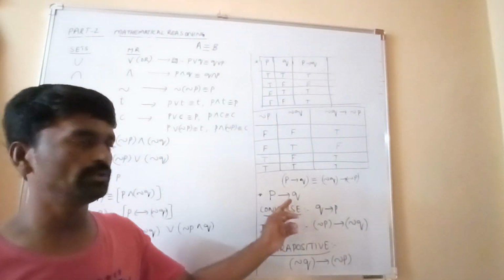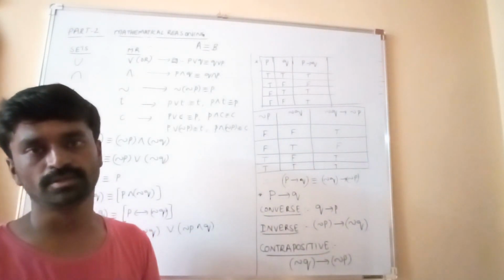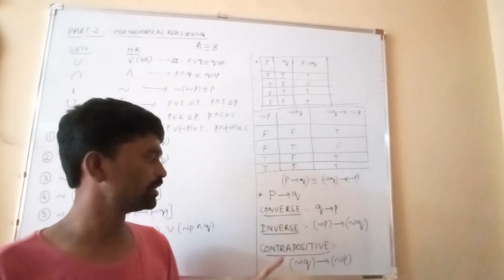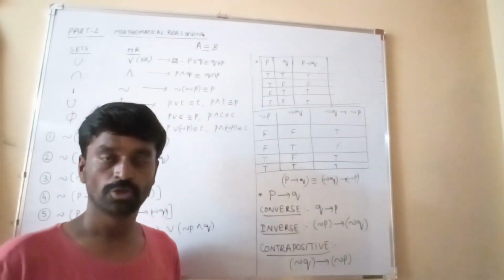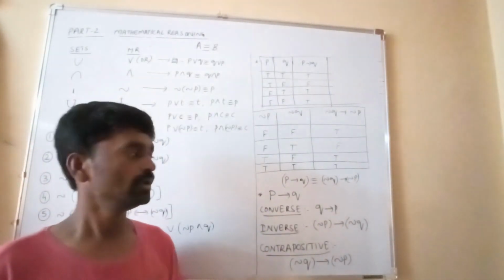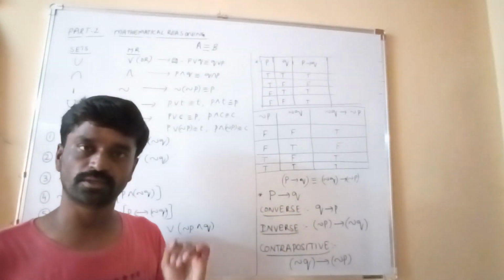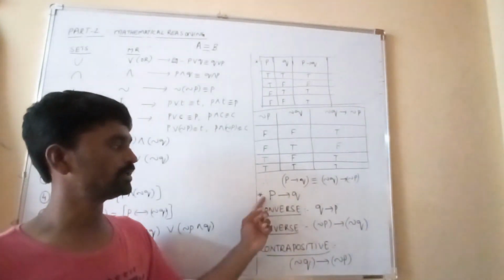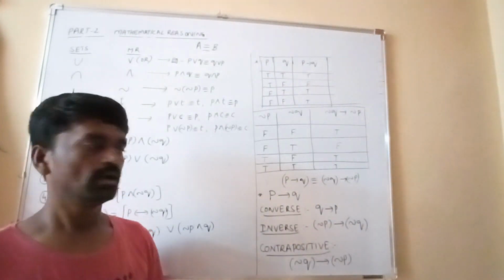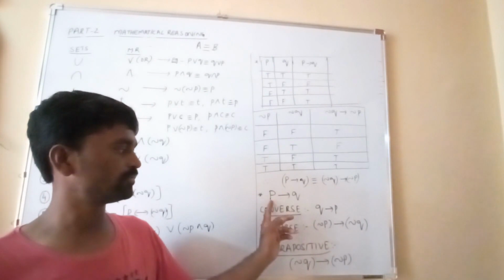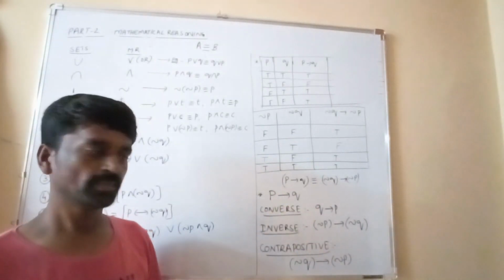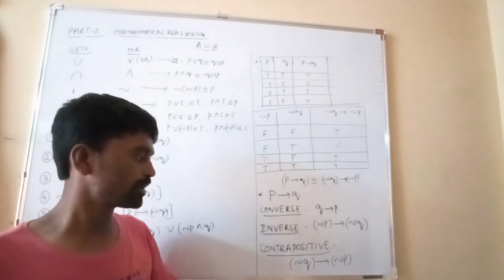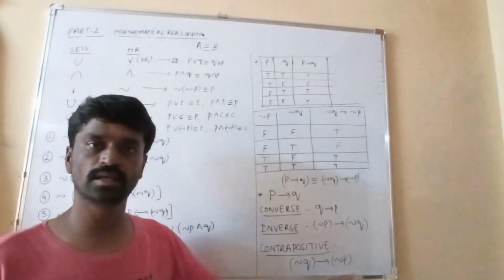Remember, only for conditional statements can we find the converse, inverse, and contrapositive. For other statements we can't find them. If P implies Q is the given conditional, the converse is the reverse: Q implies P. The inverse is negation P implies negation Q. Its contrapositive is negation Q implies negation P.